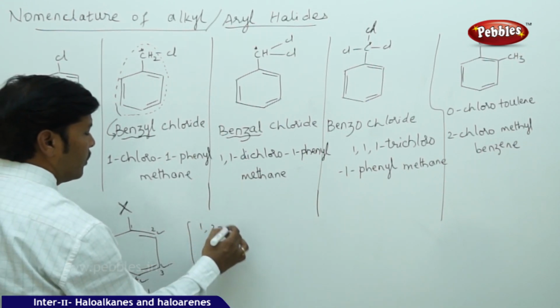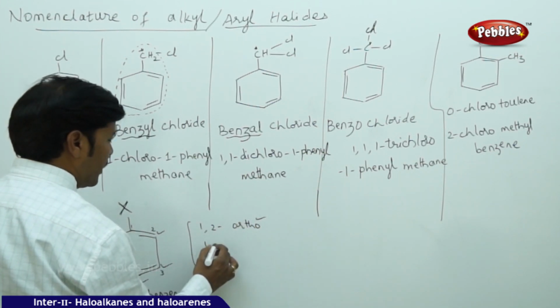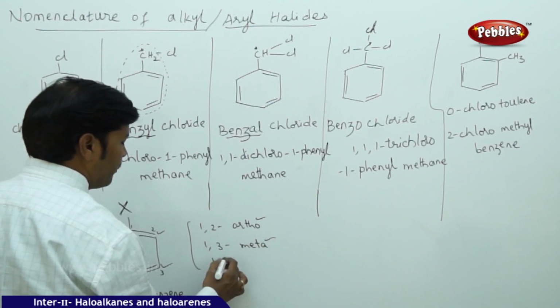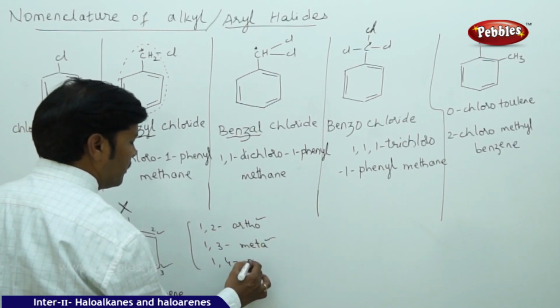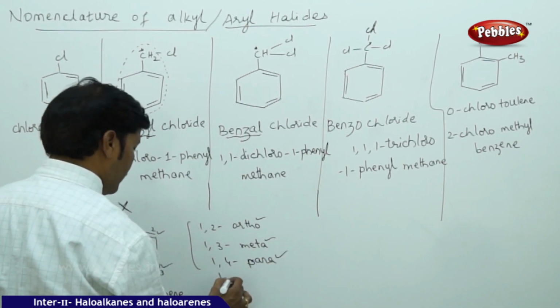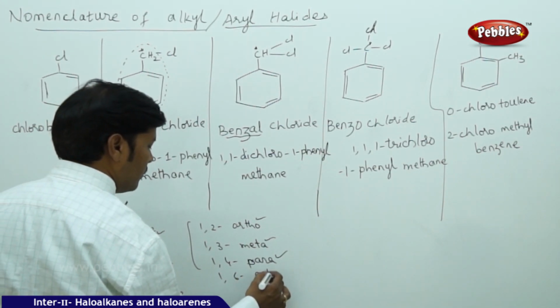Actually, 1 with respect to 2 is always called ortho. 1 with respect to 3 is meta. 1 with respect to 4 is para. Also, 1 with respect to 6 is also ortho.